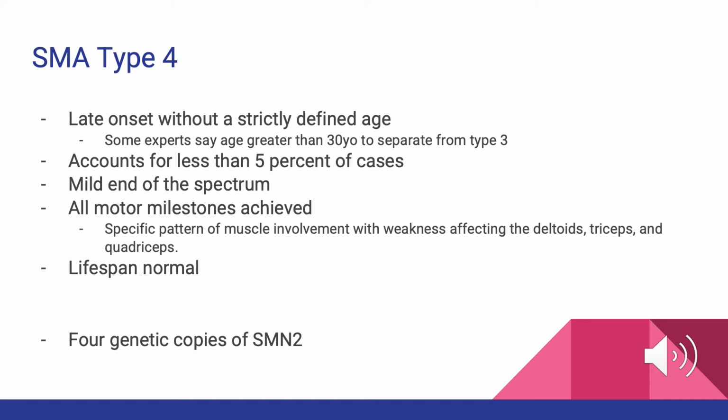These patients are able to achieve all motor milestones and can maintain independent ambulation throughout their life. Unlike SMA type 3, these patients typically do not require wheelchair assistance at any point. They do have a specific pattern of muscle involvement when it comes to their motor function and weakness.